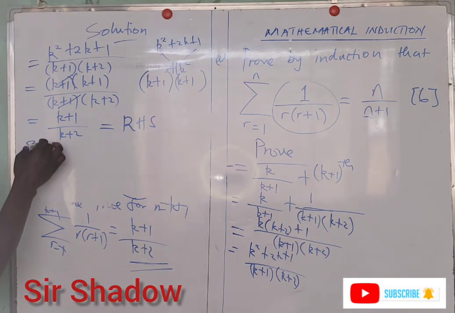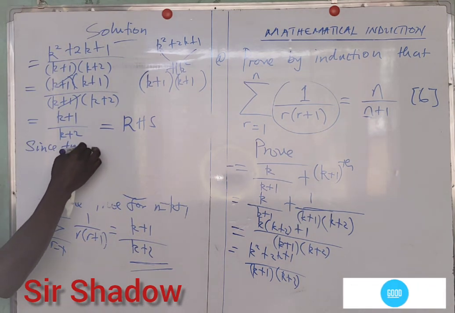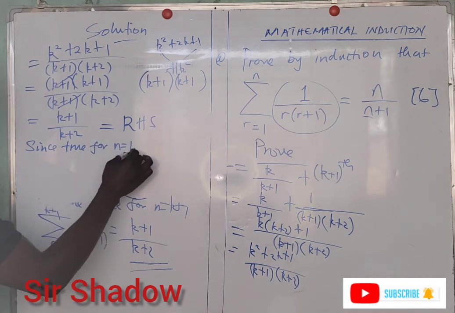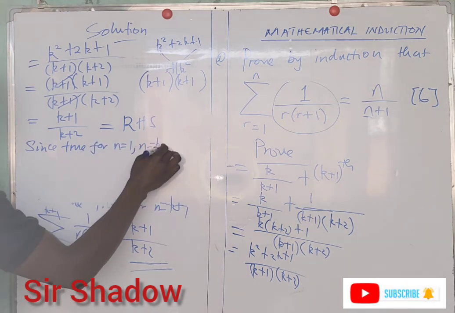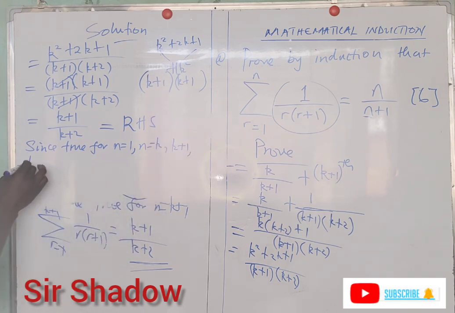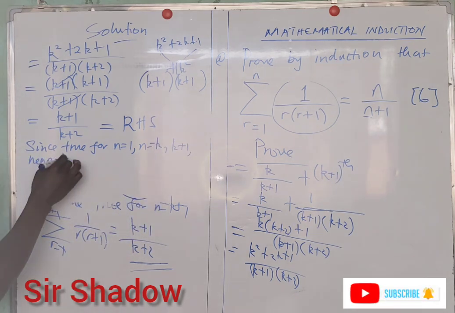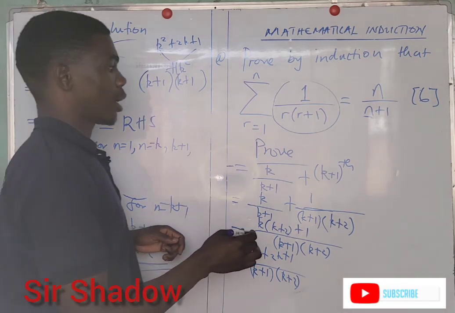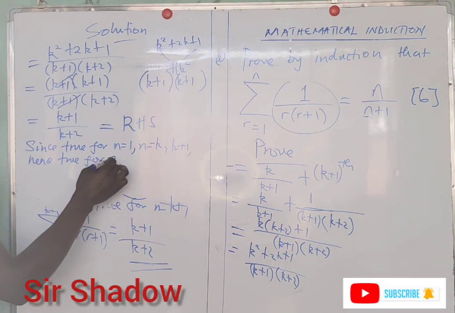So since true for n is equal to 1, n is equal to k, n is equal to k plus 1, hence true for all positive integral values of n.